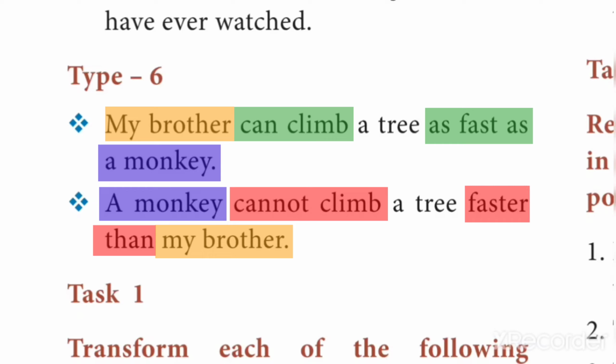Here the verb turns negative and the sentence starts with a monkey, which is the last word in the previous sentence. And we use the comparative degree adjective faster. It is followed by the preposition than.